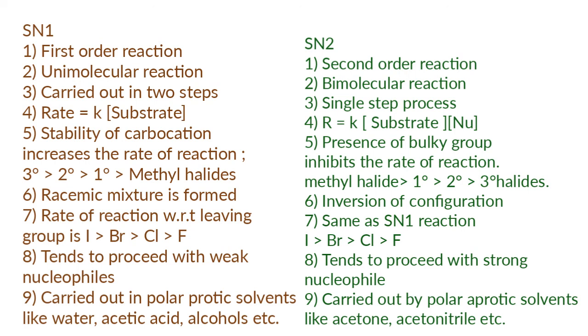Next one, the SN1 mechanism tends to proceed with weak nucleophiles, whereas SN2 tends to proceed with strong nucleophiles. Next one, SN1 tends to proceed in polar protic solvents like water, acetic acid, alcohols, etc. And SN2 reactions are favored by polar aprotic solvents like acetone, acetonitrile, etc.